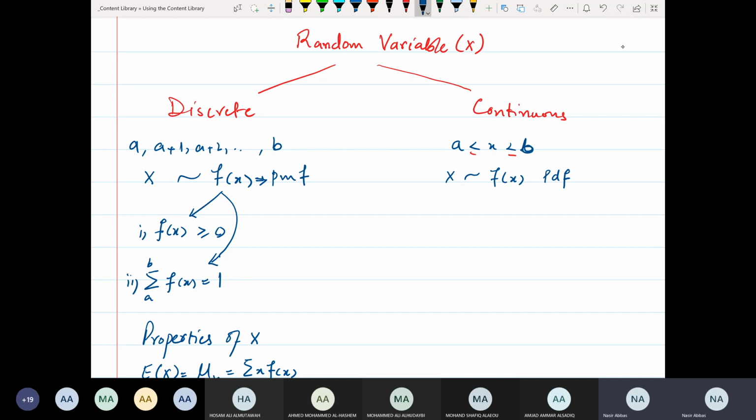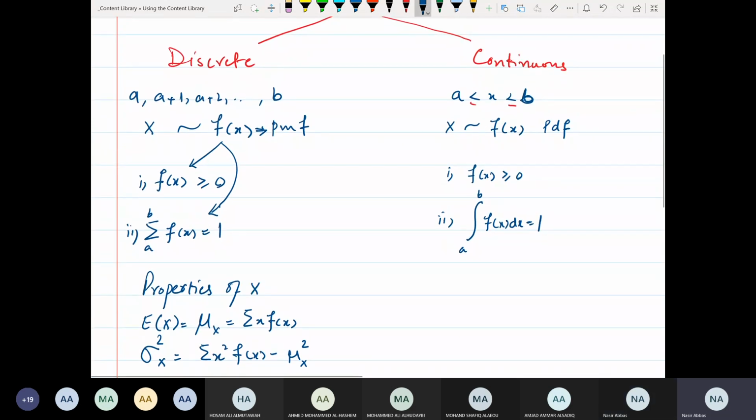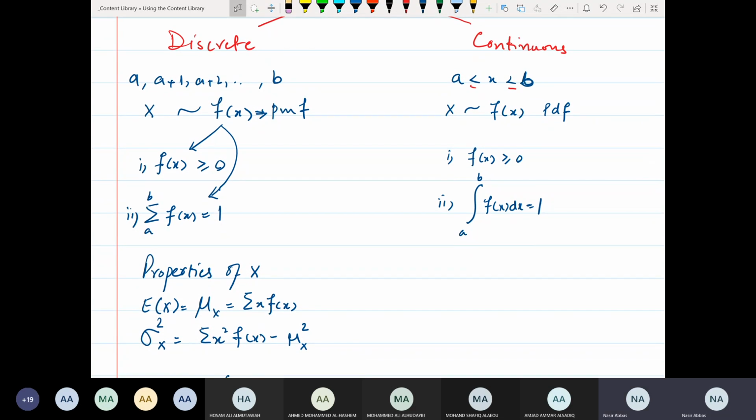One of them is that it will be non-negative, and now for the continuous you will integrate it from A to B. The overall integral over the whole domain should be equal to 1.